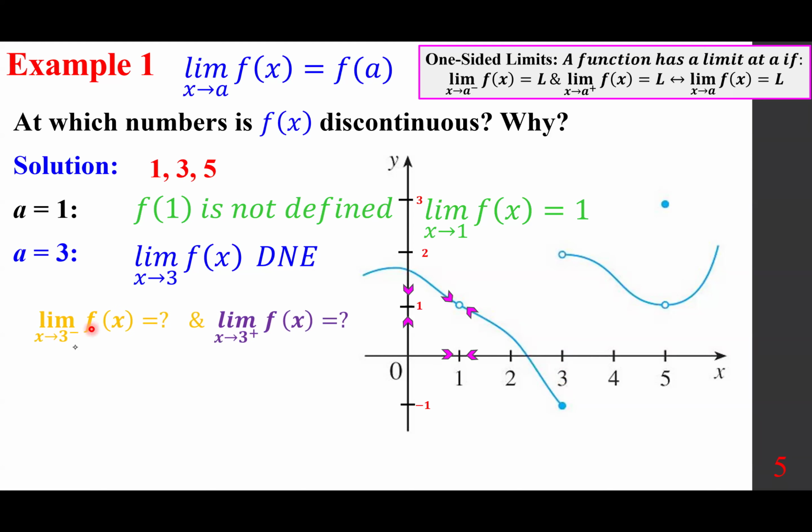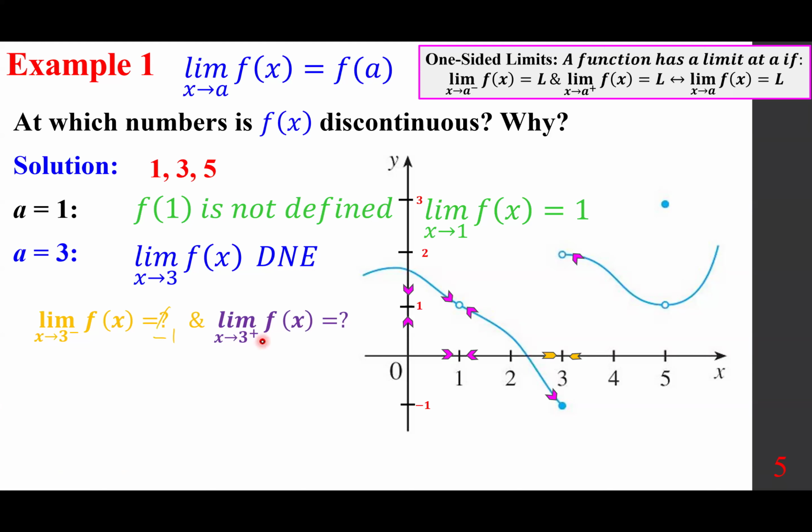The limit of f of x as x approaches 3 from the left, and the limit of f of x as x approaches 3 from the right. So from the left, we are moving this way. We are here. And the answer is -1.